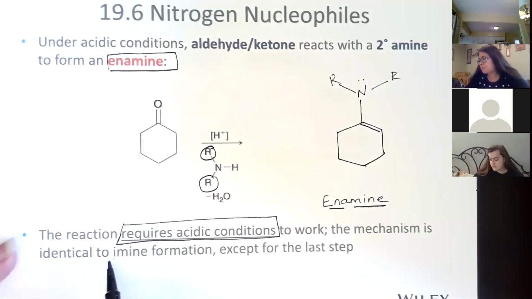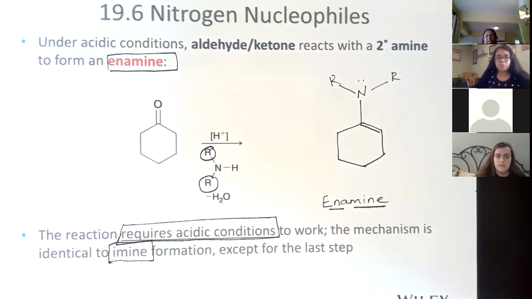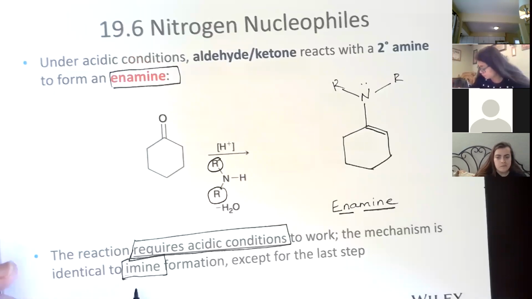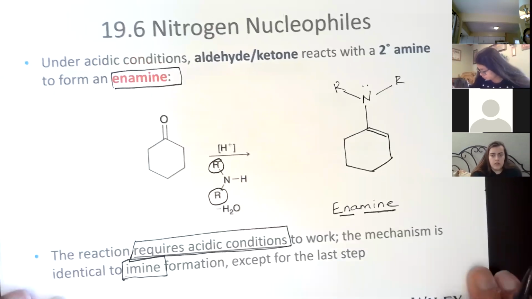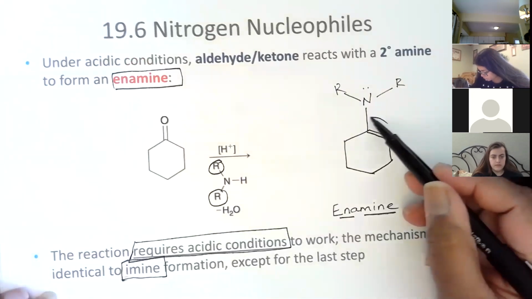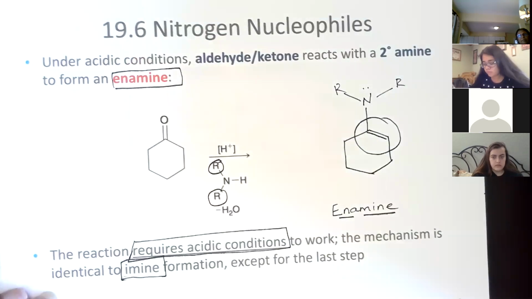So we looked at the previous one that shows the mechanism for the imine formation. Okay. So the mechanism is the same for the imine formation, except for the last part, because we have a carbon-carbon double bond here.